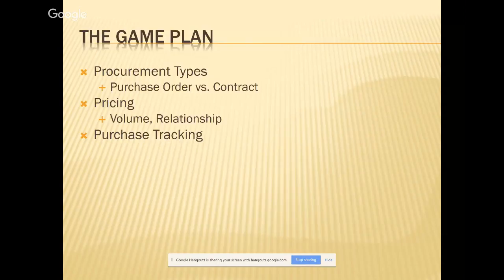We're going to talk about purchase tracking, which will lead us into Rubberstamp: what we write down when we track purchases and why, and some example processes. Then we'll talk about different tracking systems, mainly electronic versus paper-based, and then we'll jump into the demo with Rubberstamp.